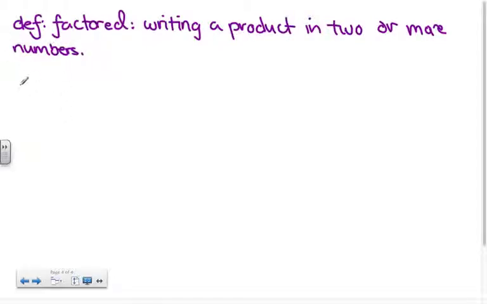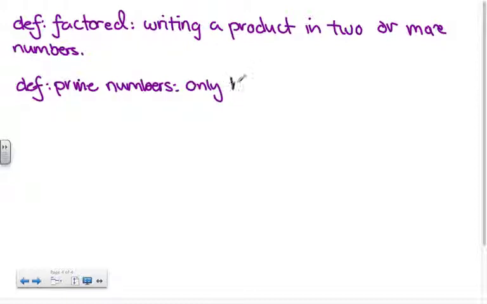And then another definition to give you is prime numbers. Prime numbers only have 2 factors. The number 1 and itself.